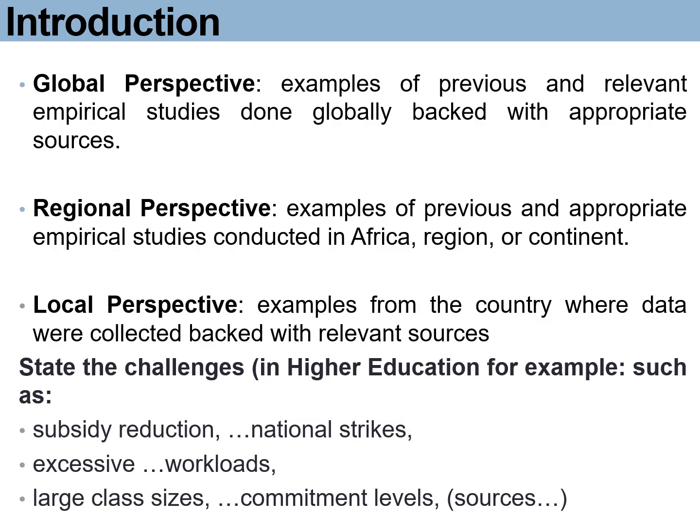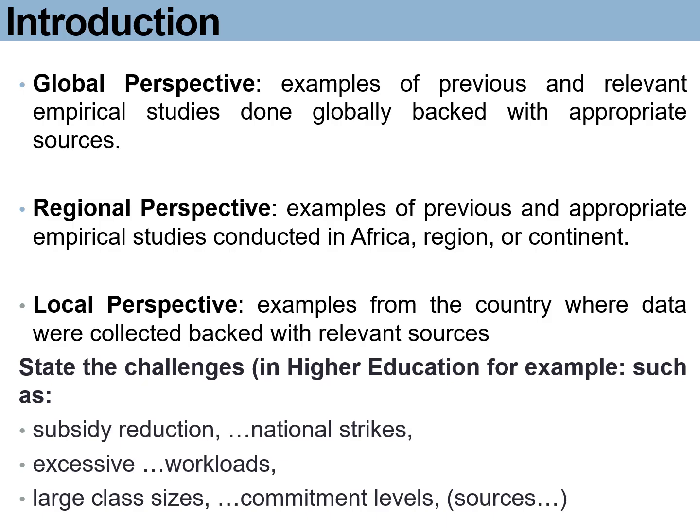So you look at, where you're giving the background information about your research topic and what you have done, you have to look at it from the global perspective. These are examples drawn from previous and relevant empirical studies done globally, and it should be backed with appropriate sources, and also it should be anywhere in the world that is different from your location.